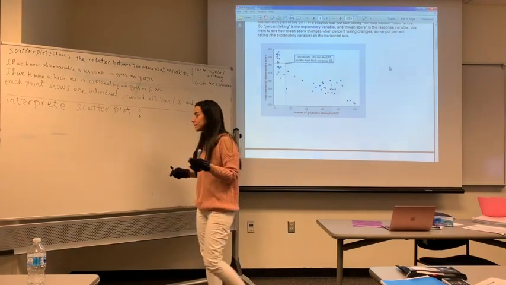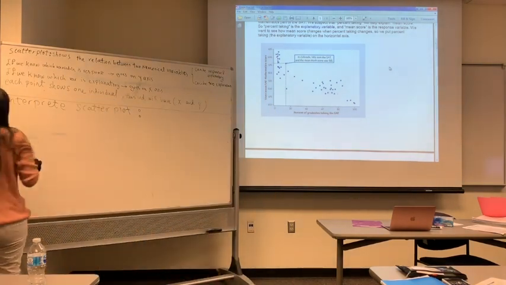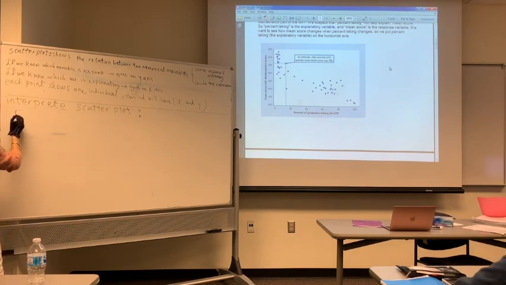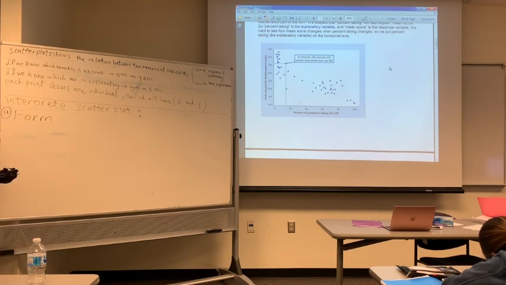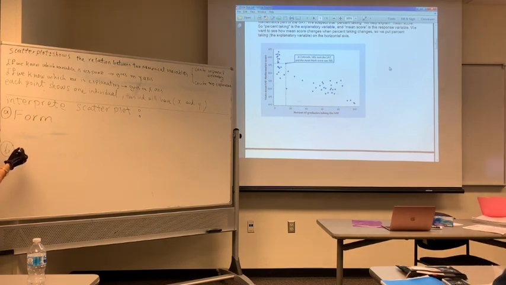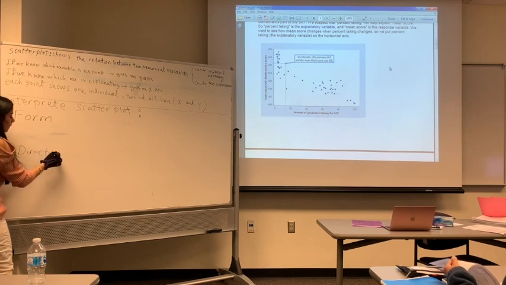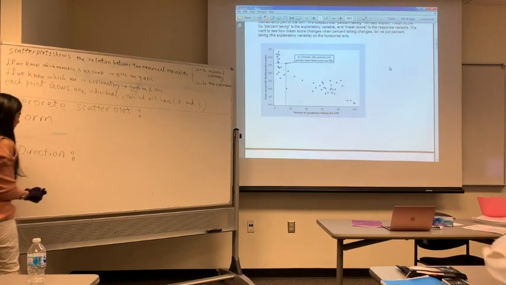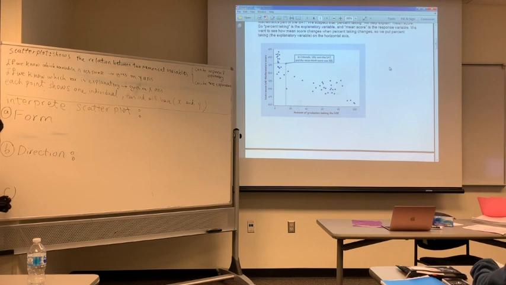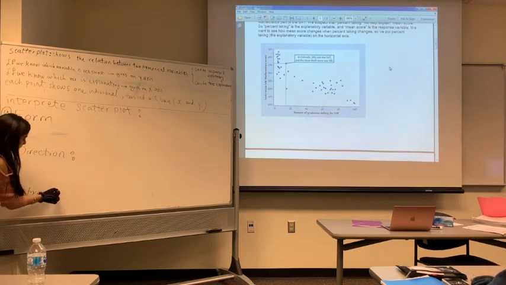To interpret the scatter plot, we will talk about the form of relation, we will talk about the direction of relation. We will talk about the strengths of relation.